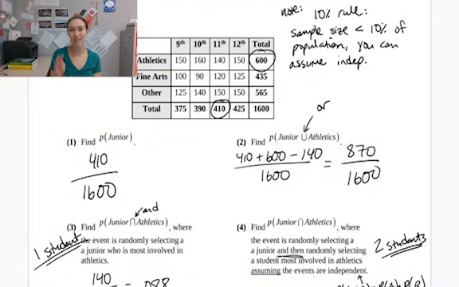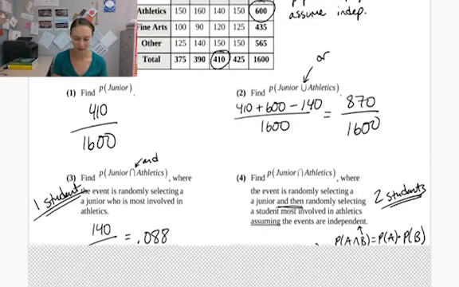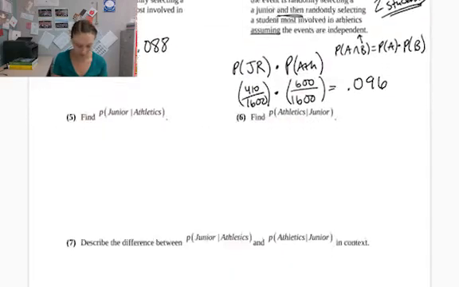So in this case, I'm selecting 2 students out of 1,600 students. Is 2 less than 10% of 1,600? Absolutely it is. So then I can just use independence. It may not be independent, but if your sample size is less than 10% of your population, the math is going to be so similar, your answer is going to be so similar that it really doesn't matter if you assume independence or not. So just kind of a nice little shortcut.